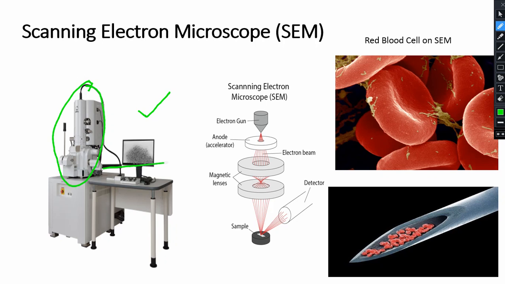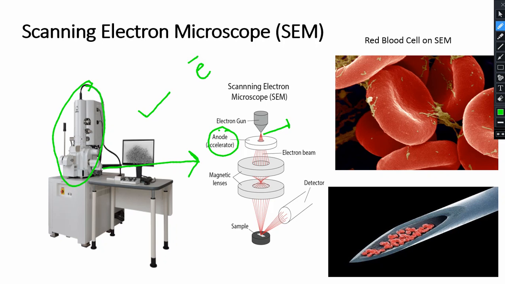Okay, so inside it is like this. Here is the electron source, and here is an anode. Now what is the anode doing? It is also in the transmission electron microscope, but they had not mentioned it in that diagram, while in this diagram they have. So let's understand what the anode is for.